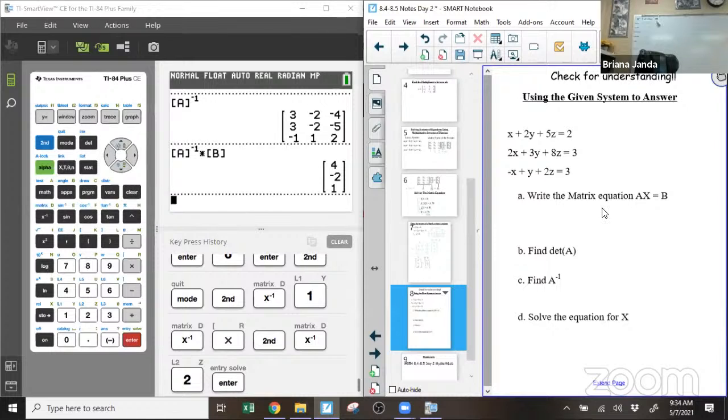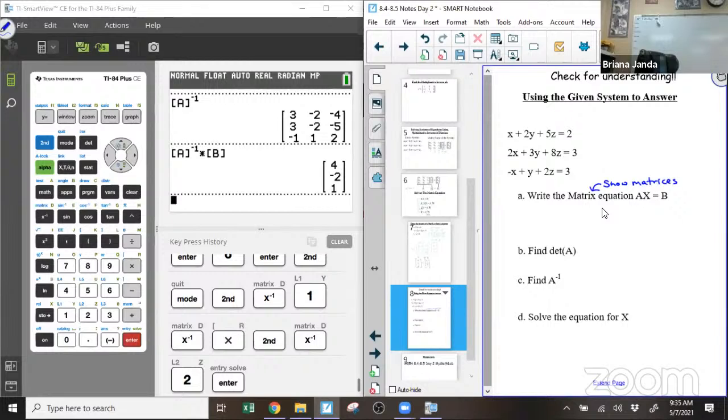Starting with part A, when it says write the matrix equation AX equals B, they give you the formatting, right? AX equals B, but you're supposed to show those actual matrices. So let's go to the matrices for that one. I'm actually going to write out what matrix A is, what matrix X is, and what matrix B is.